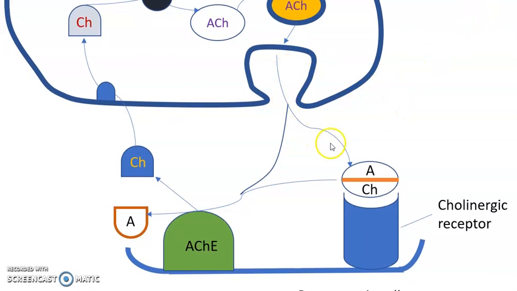Once it is in the synaptic cleft, it can either bind to the cholinergic receptor or it will be degraded by acetylcholinesterase. So acetylcholinesterase will break down acetylcholine into choline and acetate. So if you can inhibit this, you will have more acetylcholine available acting upon the receptor. So you will have a prolonged, sustained effect of acetylcholine.